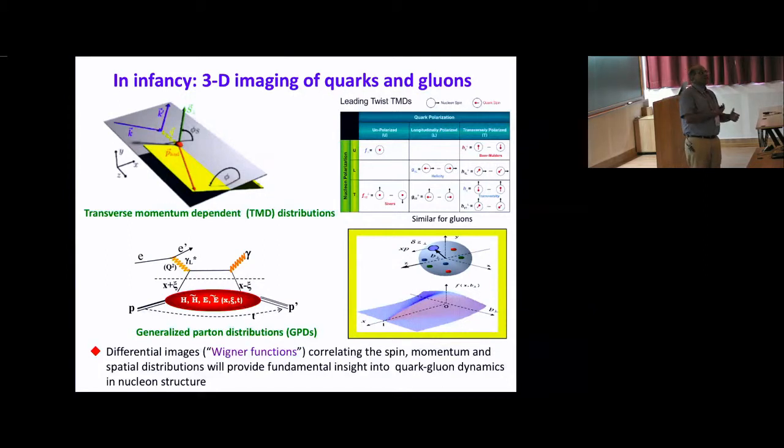Our friends in stat mech and condensed matter physics know all about Wigner functions. That's the bread and butter of what they do. In QCD, we're only now starting to think about these differential things, which have been in statistical mechanics, something people have been talking about since Wigner, right? And so these are potentially extremely powerful objects in addressing some of the essential mystery that I articulated.